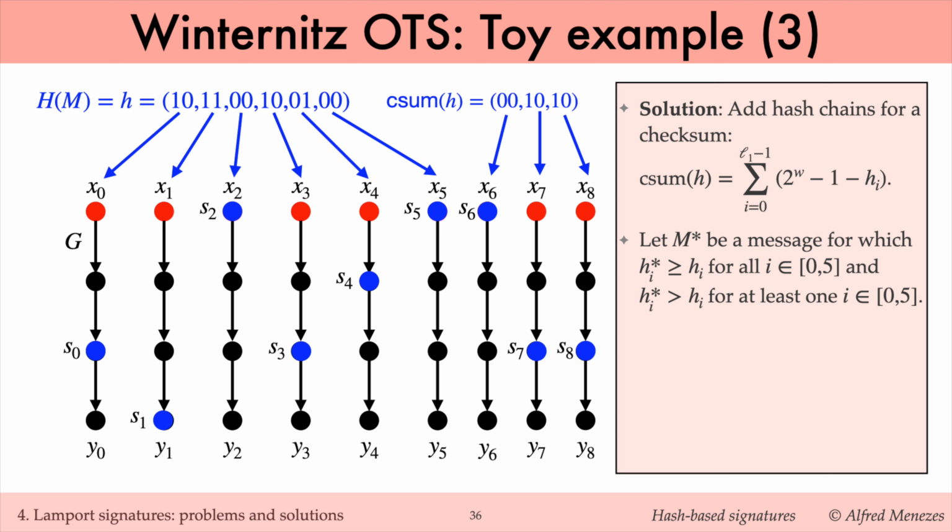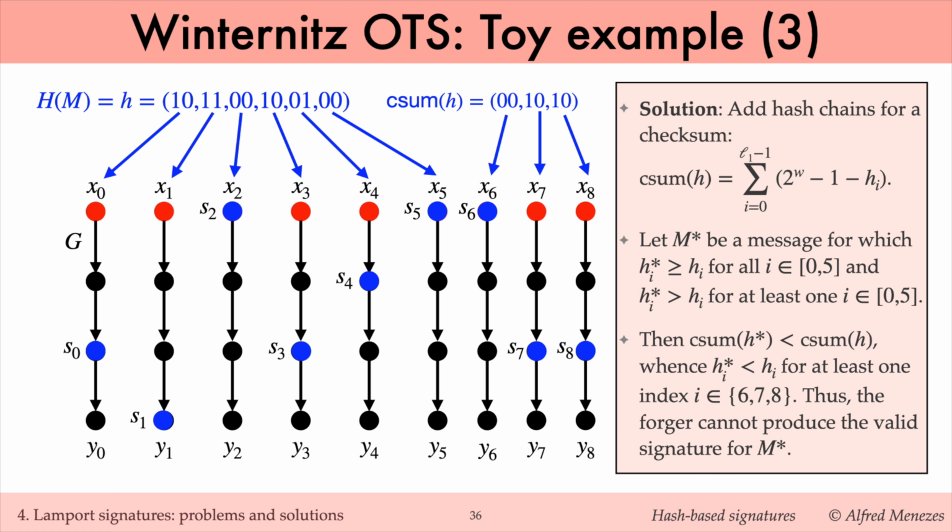Also, since H is collision resistant, for real-world parameters, not n equals 12, we can assume that H star, the hash of M star, is not equal to H, the hash of M, because otherwise the forger has found a collision for H. Thus, there is at least one index i for which Hi star is strictly greater than Hi.